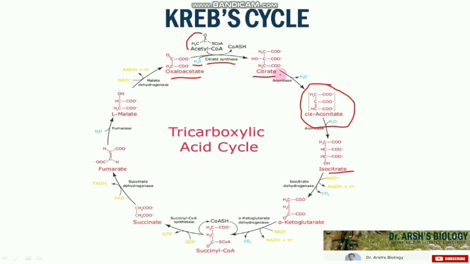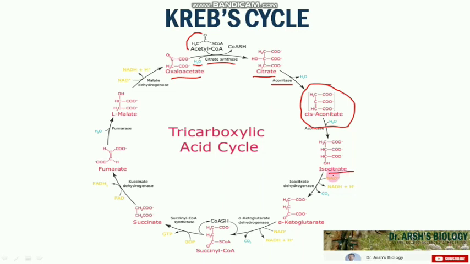Here, water is removed from the citrate and then water is added to form the isocitrate. That's why the cis-aconitate intermediate is there. The enzyme that catalyzes this reaction is known as aconitase.